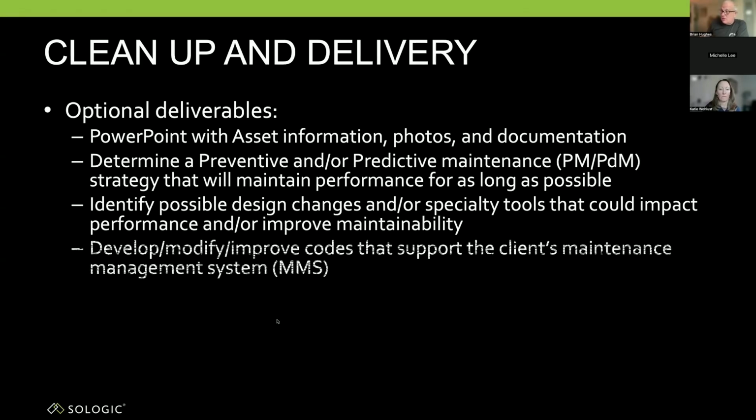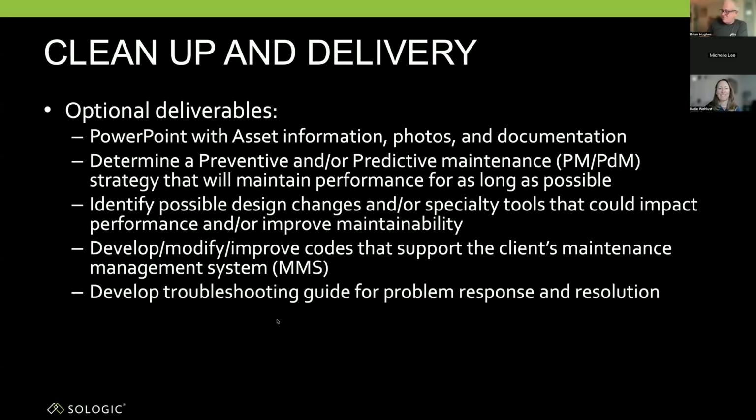Identifying design changes. If there's coding involved, like for Amazon, we're always on the hook to deliver all the codes, and we're actually pretty good at coding these based on their coding hierarchy. Troubleshooting guides and whatever else, so there's a lot.